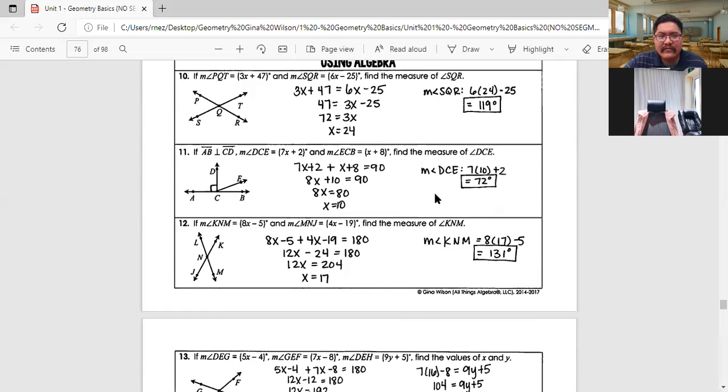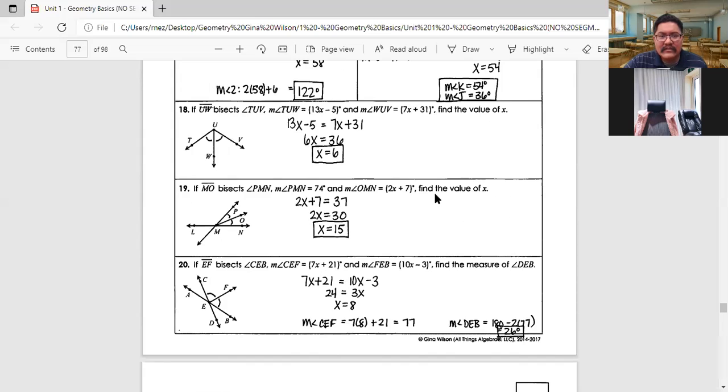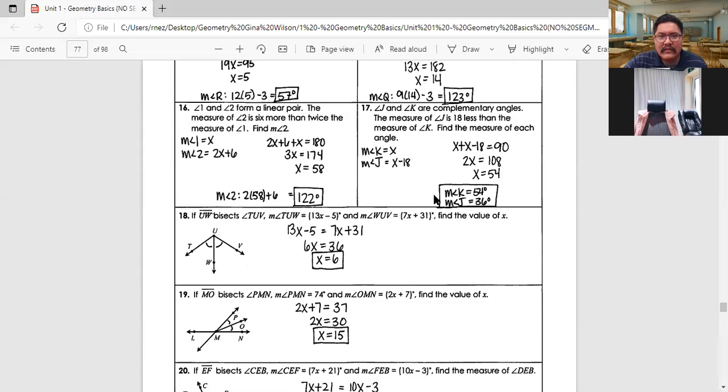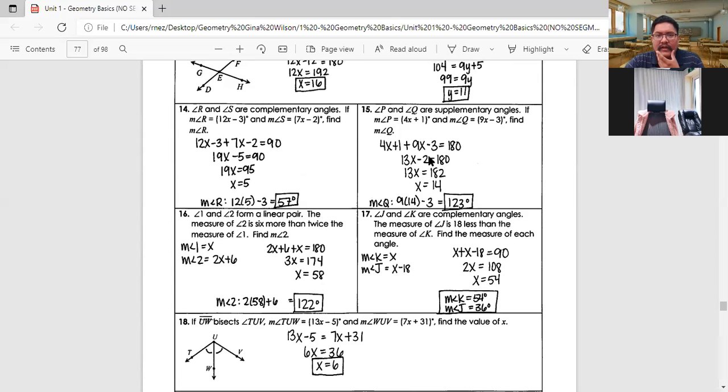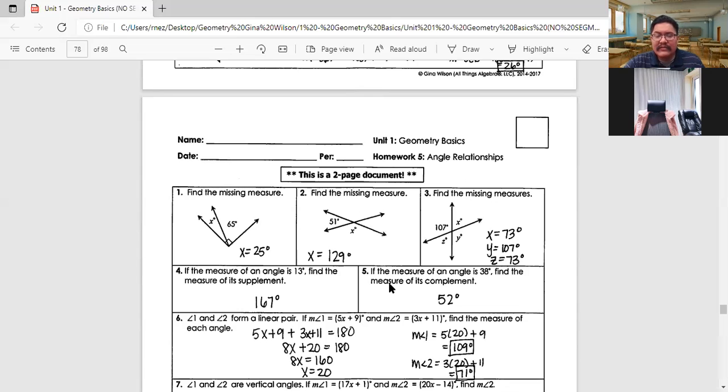We stopped about here, the 123 degrees. We still have a little bit more to go on this one, but we do have a few more slides left over. So that's the in-class work. This is the homework, and it's labeled right there, homework.